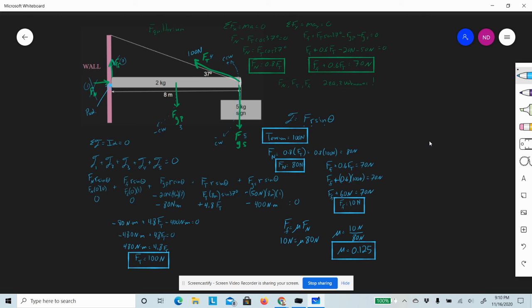Sum of the forces splitting up X and Y, equilibrium, acceleration is 0. Sum of the forces gives you too many unknowns, so you have to use the sum of the torques. All right. Take a good look at that, pay attention to it, and be able to repeat it.